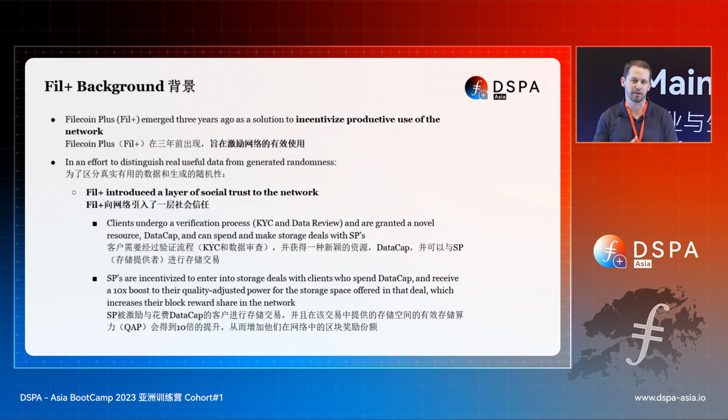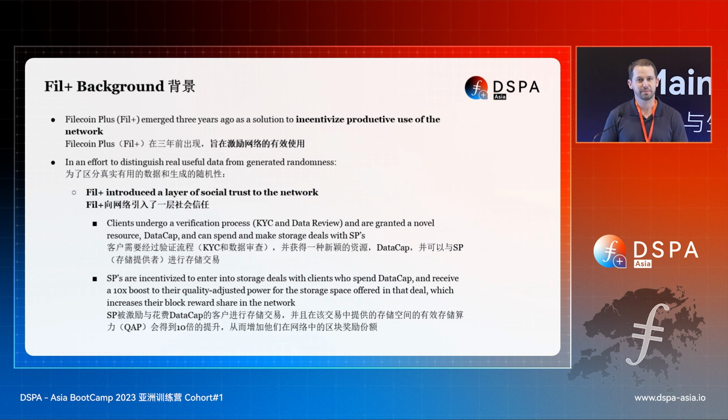Because if you understand Filecoin, it's a decentralized, trustless network. Someone can have data, someone can store data. But with Filecoin Plus, we need to introduce a layer of social trust. So we need to know a little bit more about who the person storing the data is, what their data is, where they're located. And this helps us build some trust for them so they can receive data cap.